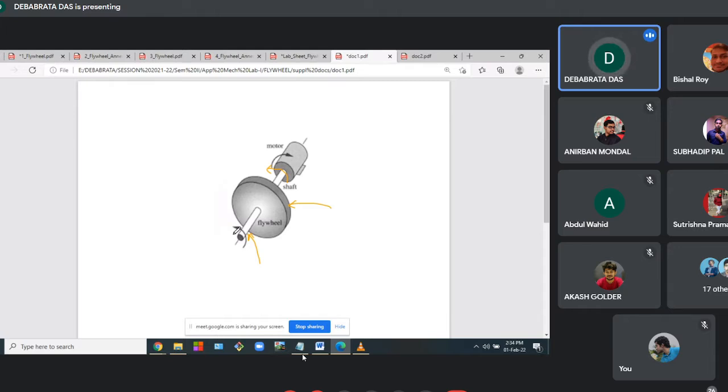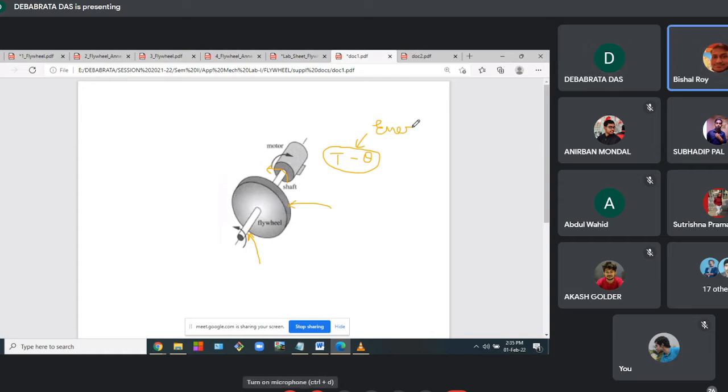Say we apply this torque for a rotation theta, with theta in radians. From this T-theta diagram, the product T into theta gives the energy supplied.